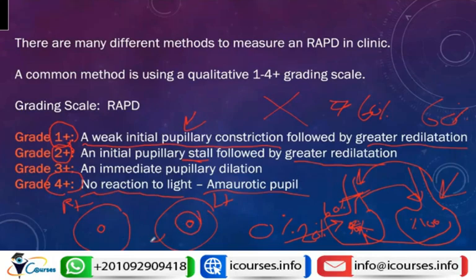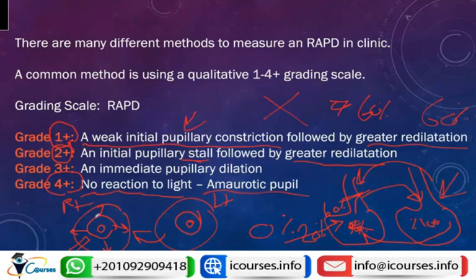As we withdraw the light from the left eye, it will dilate, and the right eye will start to dilate as well. Once we put the flashlight into the right eye, it will show neither constriction nor dilatation. It will remain the same size. Then it will dilate.